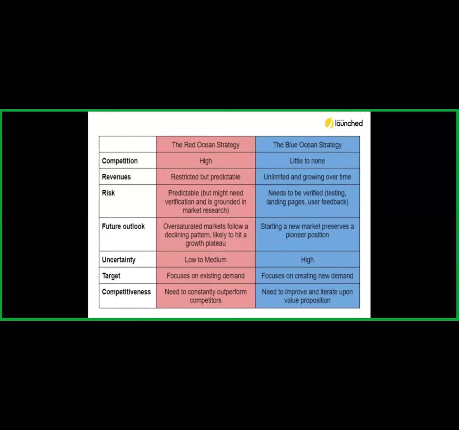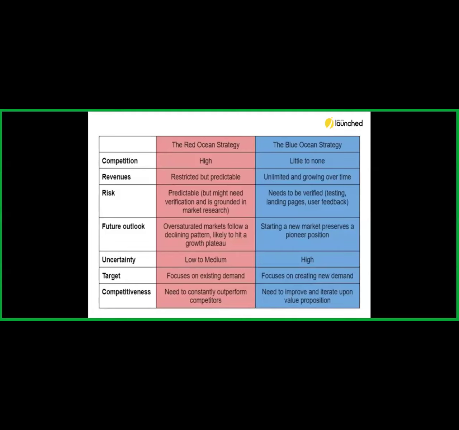On the left, you can see that some parameters are there. Against those parameters, we are going to differentiate between the red ocean strategy and the blue ocean strategy. The first parameter is competition. When we talk about competition, where the competition is high and where it is less, that we are going to discuss. In today's world, we are all aware that the competition is very intense.